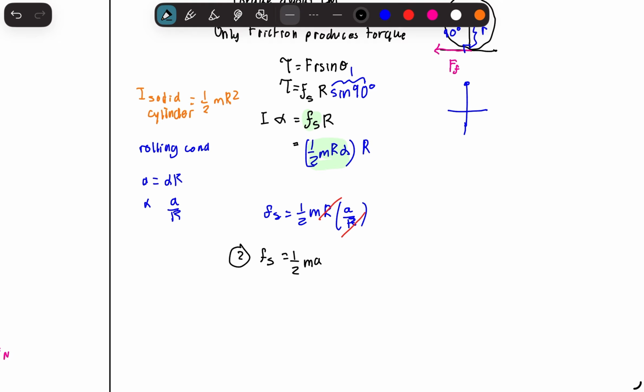Up here we have torque is equal to FsR. For a solid cylinder, we have 1/2 mR squared times alpha. So you just divide by Fs.